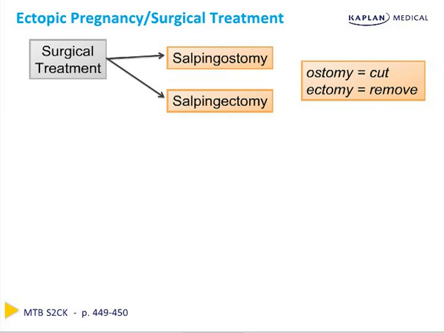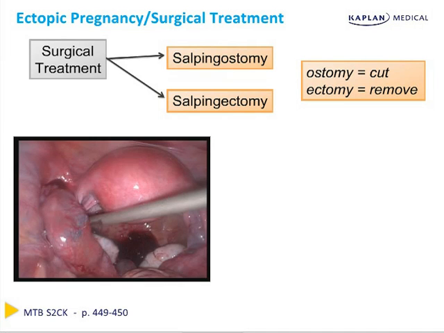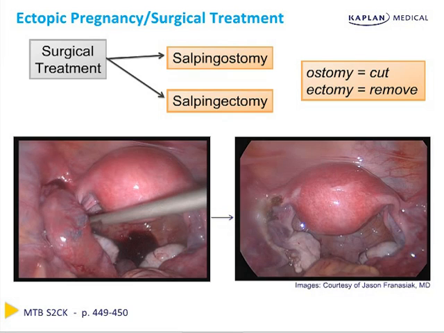A salpingectomy is performed when the tube cannot be saved, and the entire tube along with the ectopic pregnancy is removed. Here we have a laparoscopic image of a left tubal pregnancy. In this case, the tube was unable to be saved, and here is a picture postoperatively after both the ectopic pregnancy and fallopian tube have been removed.